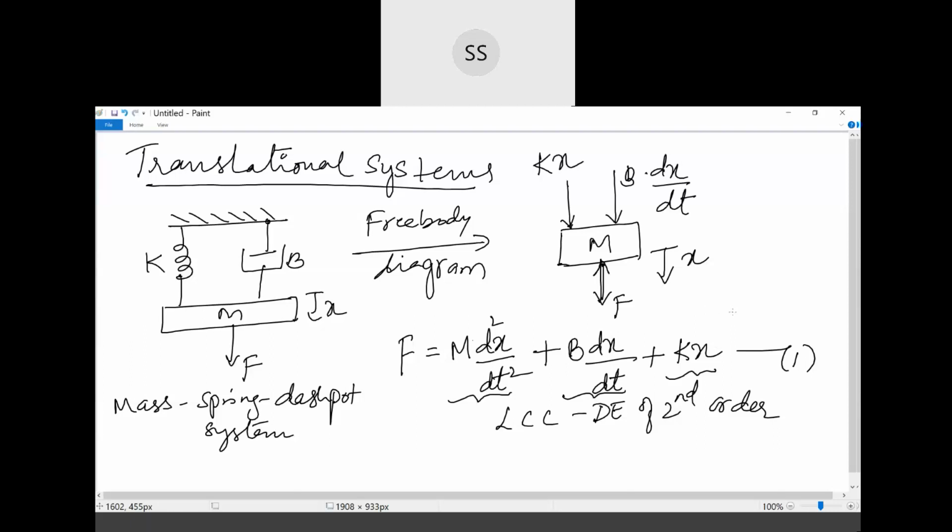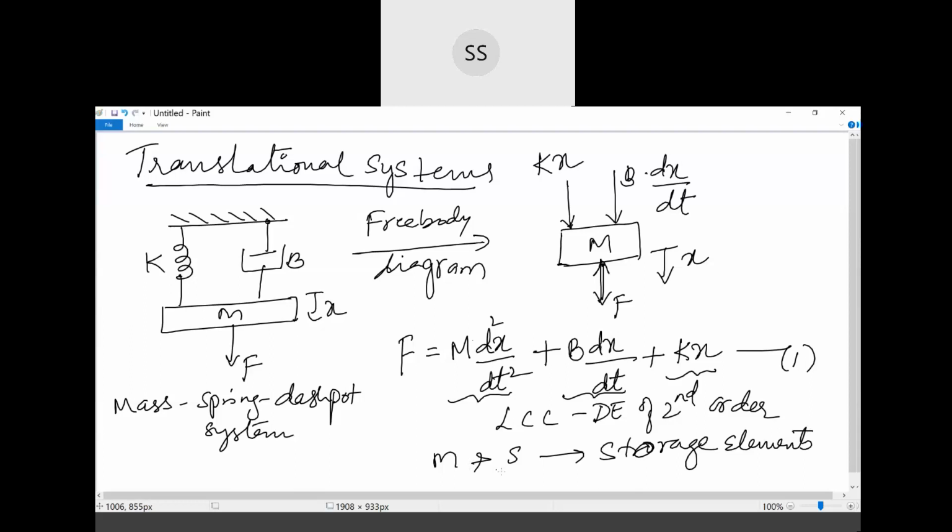Now we are considering a whole system, which may consist of many masses, many spring constants or many friction elements also. In this case it is a very basic system, which has one mass, one friction element, and one spring element. For such a system, this is the very basic force equation. In this, the mass and the spring represent the storage elements, because mass is going to store the kinetic energy, whereas the spring is going to store the potential energy.